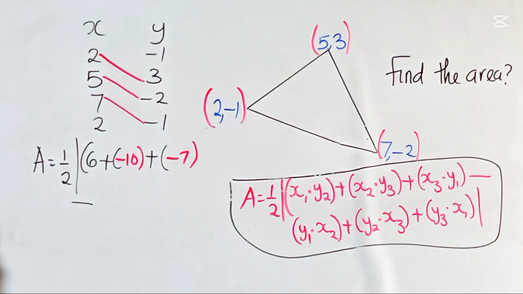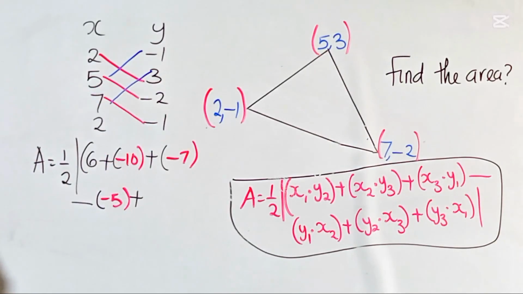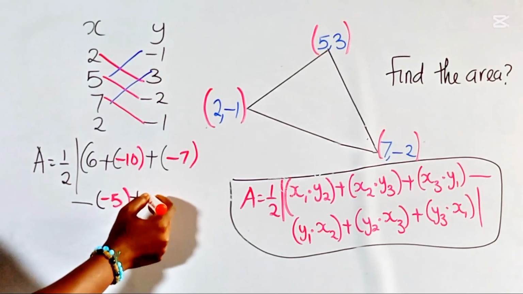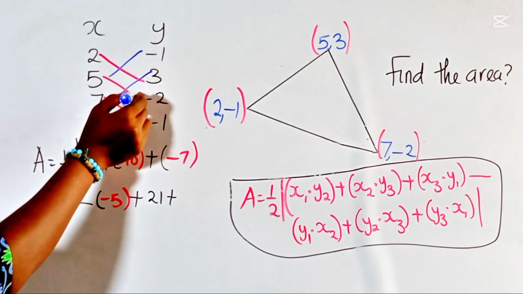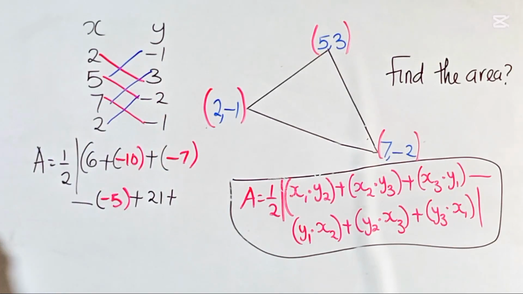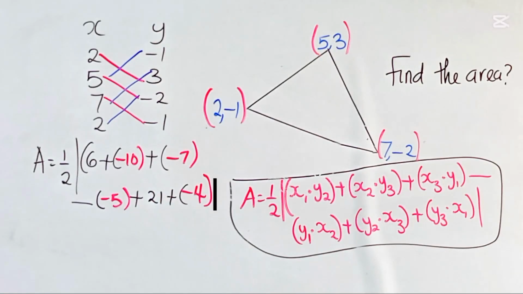Now we subtract. y1 multiply x2 would give us minus 5. Then we add. y2 multiplying x3 would give us 21. And we add. y3 multiplying x1 to give us minus 4, right? Now let's simplify.